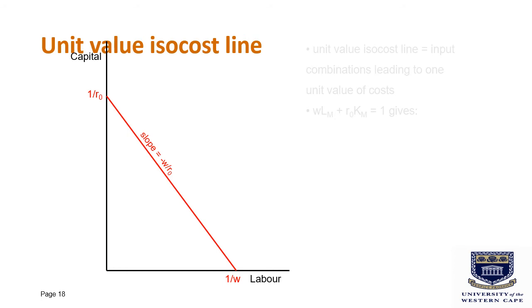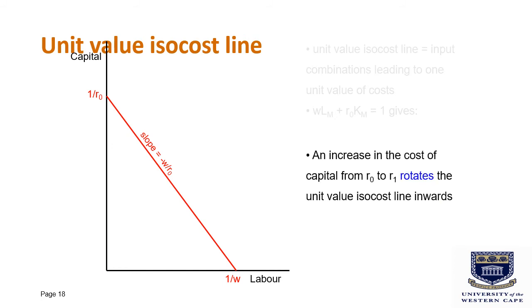When finding the labor intercept, you must make capital 0 and solve for labor. You will find that it is equal to 1 over W, as you see on the x-axis. When you find the capital intercept, or the y-intercept, you have to make labor equal to 0. Solving that finds that capital is equal to 1 over R0.